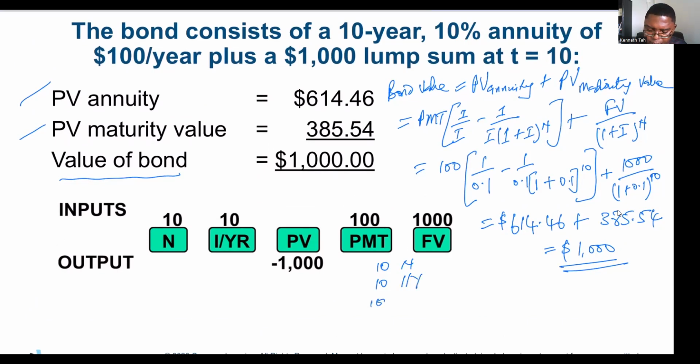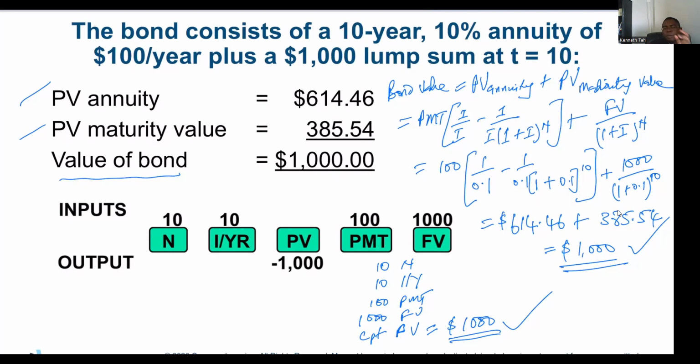Then we will take 100 and type payment. And lastly, we are going to take 1,000, which is that future value, and we'll press compute present value, and the calculator is going to give us $1,000. So we can either do it manually and have 1,000, or we can use the financial calculator and that generates 1,000.